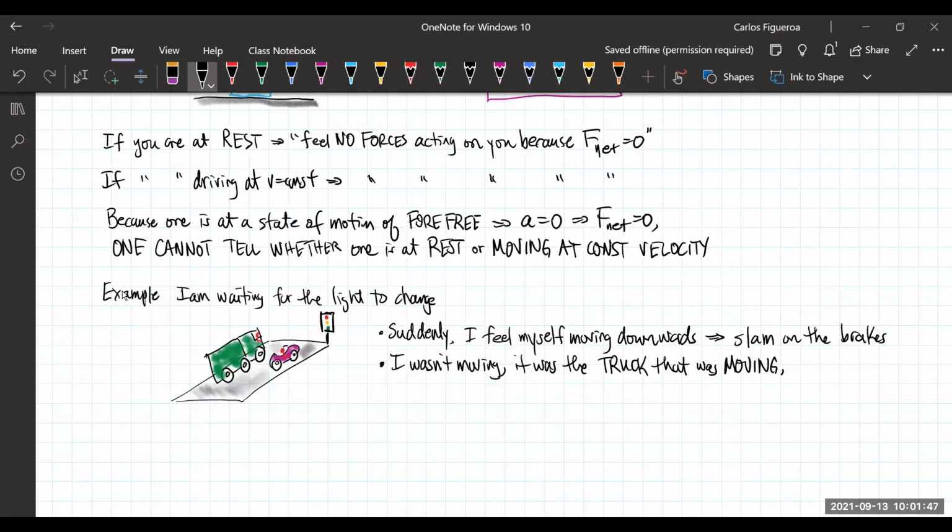I couldn't tell whether I was at rest, right? So this immediately tells me that I cannot tell the difference between being at rest or moving at constant velocity.